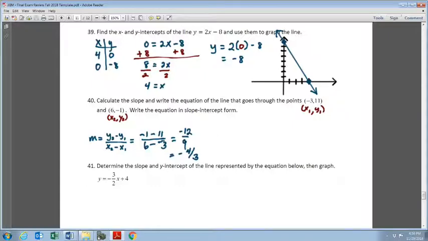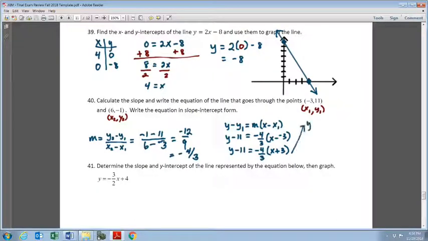Now in order to write an equation, we need the point slope form. That's y minus y1 is equal to m times x minus x1. And so I'm going to use the same point as my first point. It'll be y minus 11 is equal to my slope, which is negative 4/3, times x minus negative 3. So let's change the minus negative 3 to a plus 3.